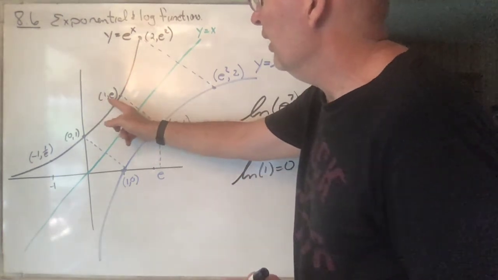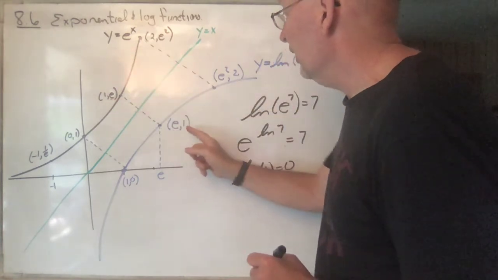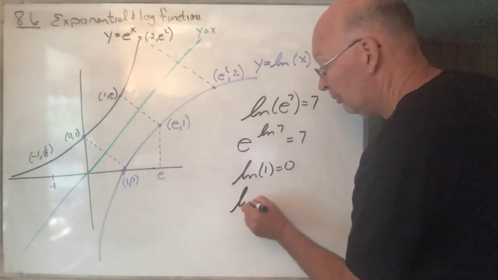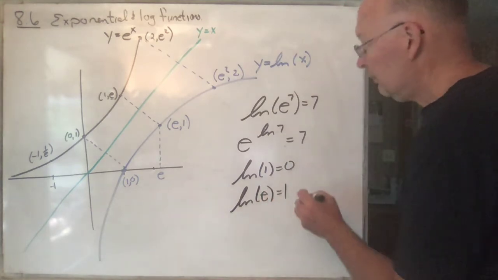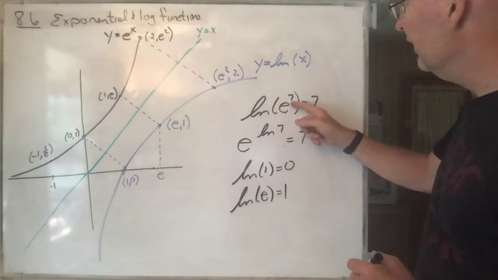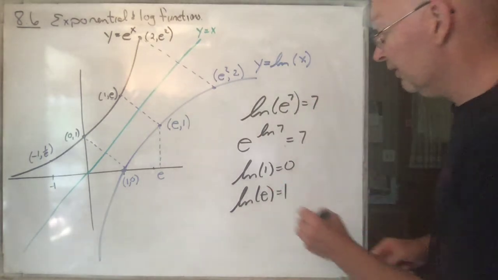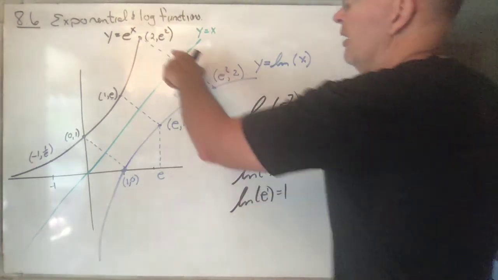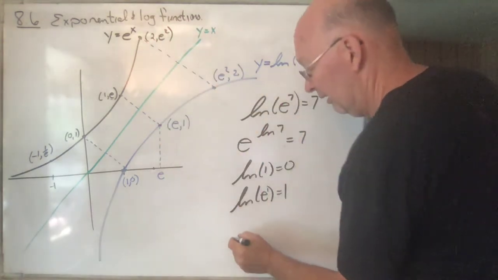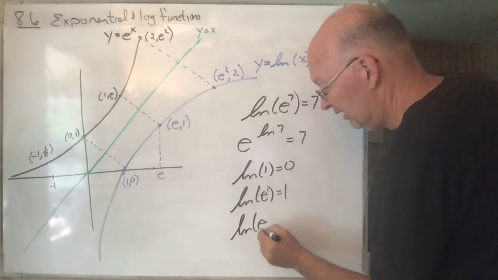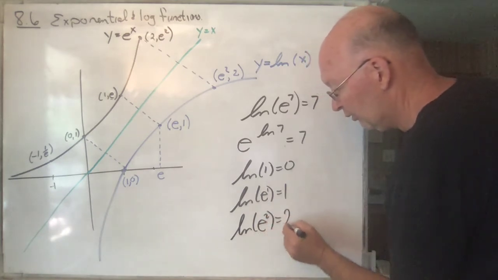Since the point (1, e) is on this graph, the point (e, 1) is here, which means the ln of e is equal to 1, which we already know because the ln of e to any power is just equal to that power, and this is e to the first power. Since (2, e squared) is here, the ln of e squared is going to be equal to 2.